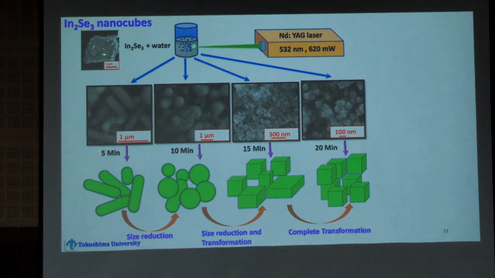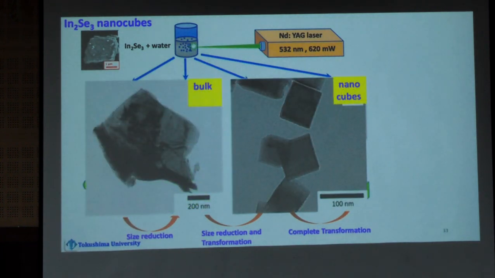There are a number of sheets, 1, 2, 3, 4. This sheet-like structure is converted when we change the time from 5 minutes to 20 minutes, and we get the nanocube. This is the same slide to show the difference before and after laser ablation, the transformation of thin sheet into the nanocube.